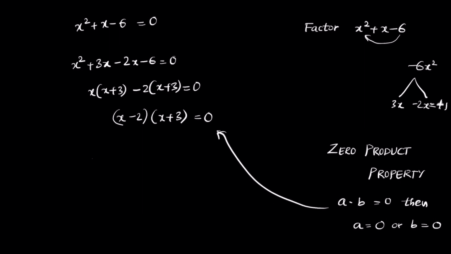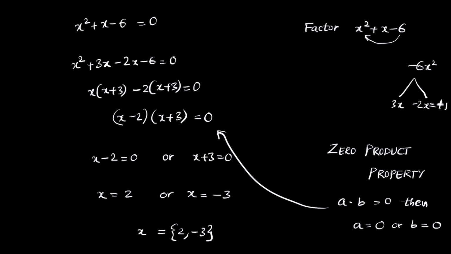You get x minus 2 equal to 0 or x plus 3 equal to 0. So x equal to 2 or x equal to negative 3. So x can have a set of two values, the set of 2 comma negative 3. This is the solution for the problem, and this is how we can write it.